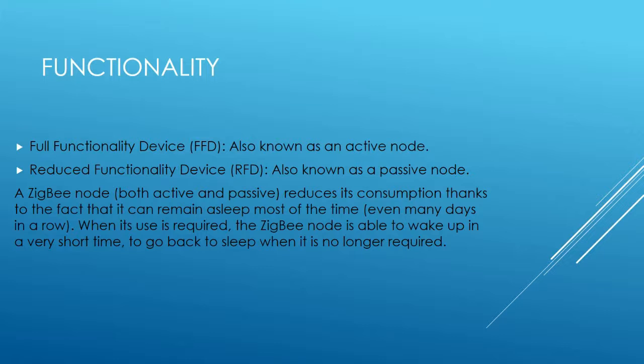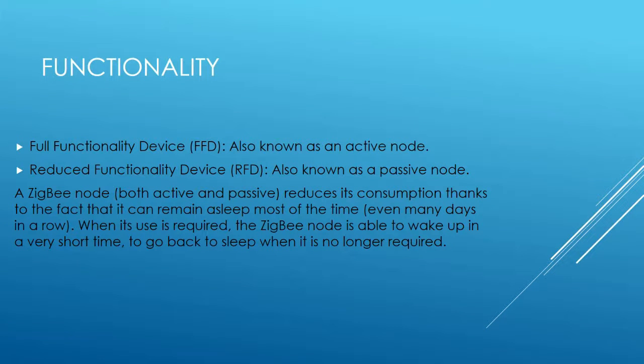Zigbee functionality. Full functionality device, also known as an active node. It is capable of receiving messages in 802.15.4 format, thanks to the additional memory and the ability to compute. It can function as a Zigbee coordinator or router, or it can be used in network devices that interface with users.